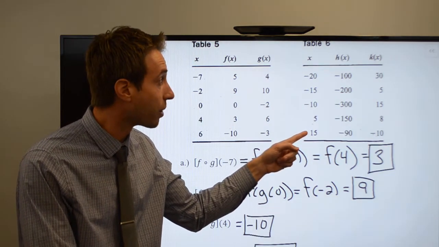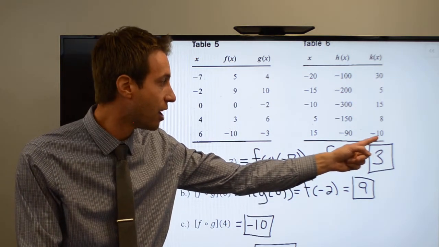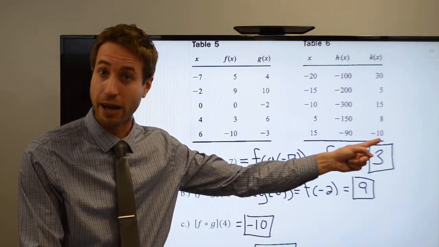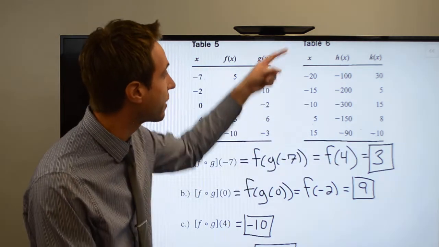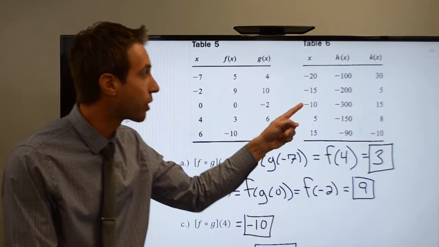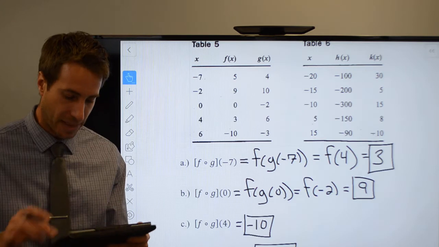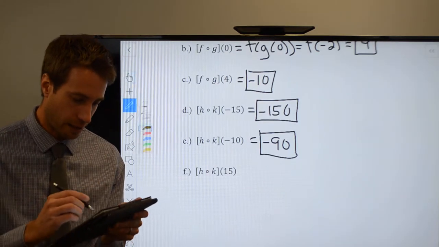So 15 gets plugged into k. K tells me I get back a negative 10. All right, that's my new domain value. So I need to find negative 10. Come down through. There's negative 10, my new domain value. I'm now going to plug that into h, which tells me I get back minus 300.